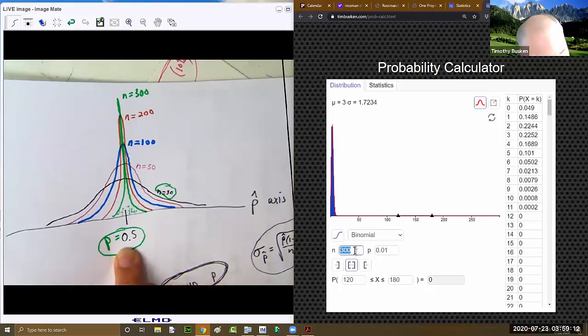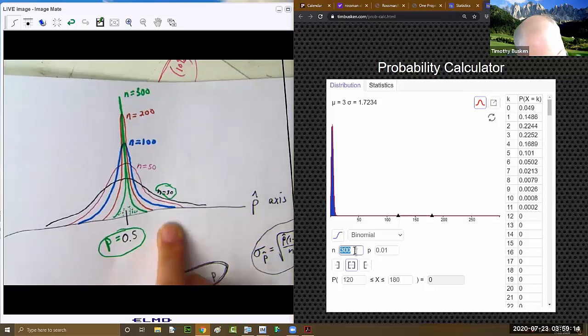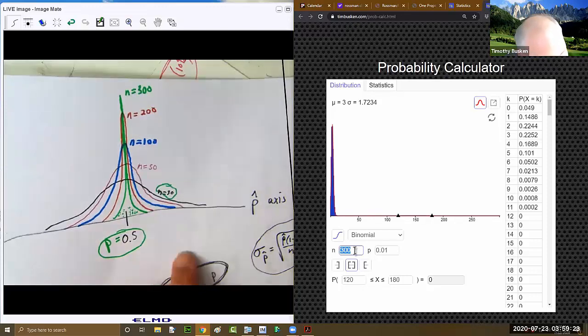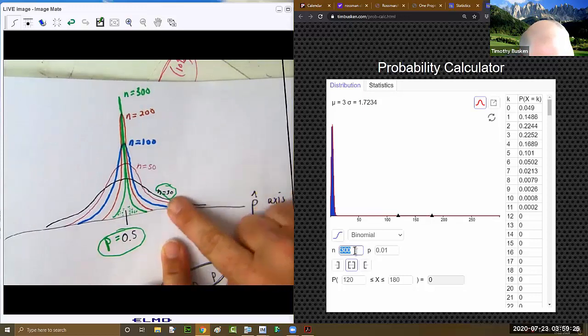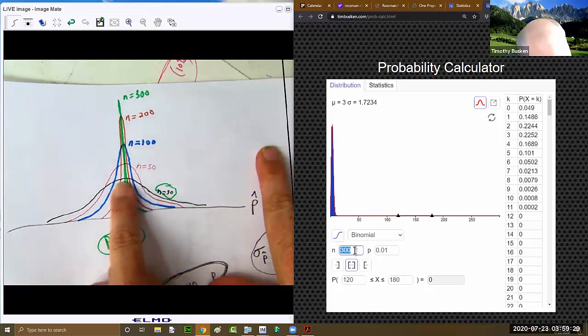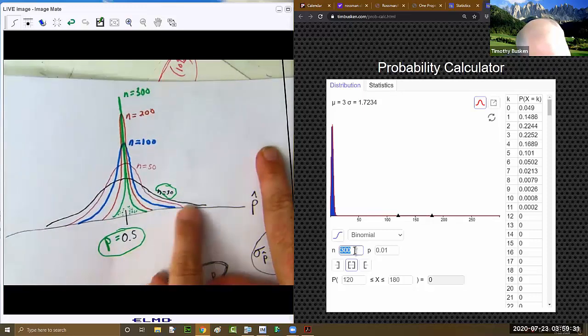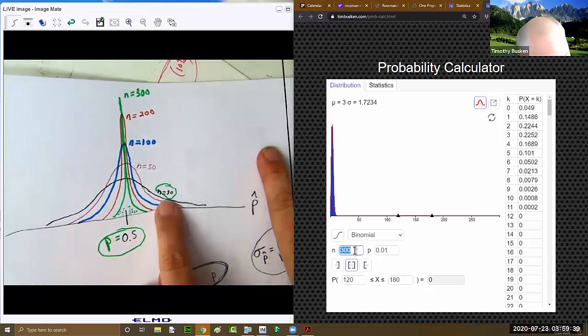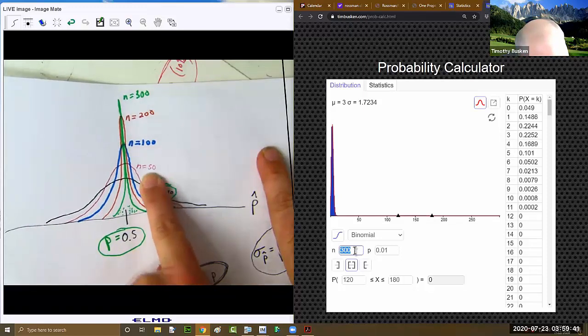But each graph is different because it's a graph of a different collection of sample percentages from different sample sizes. When n is 30, we've got this black graph centered at 0.5 that represents the sampling distribution.